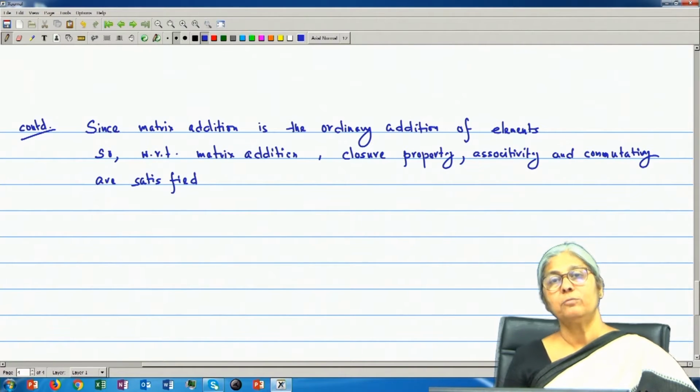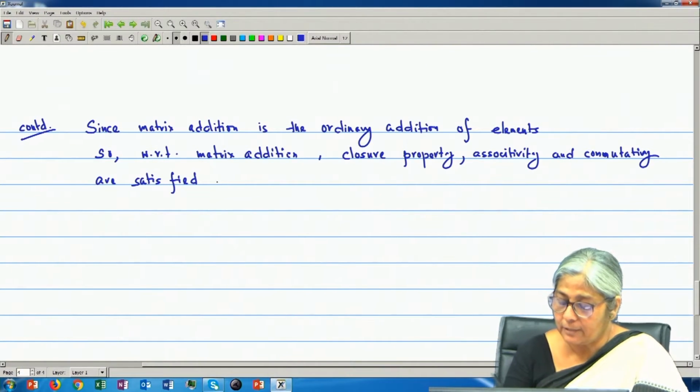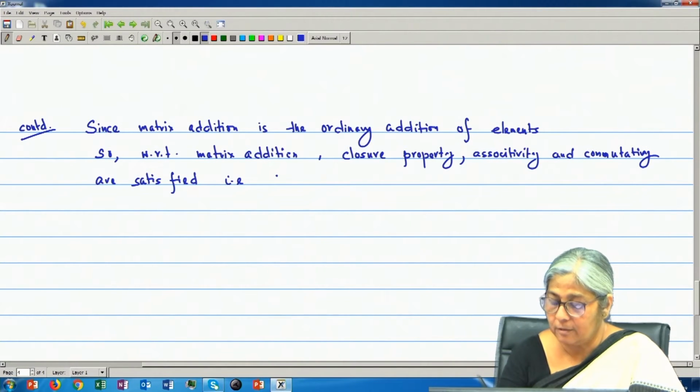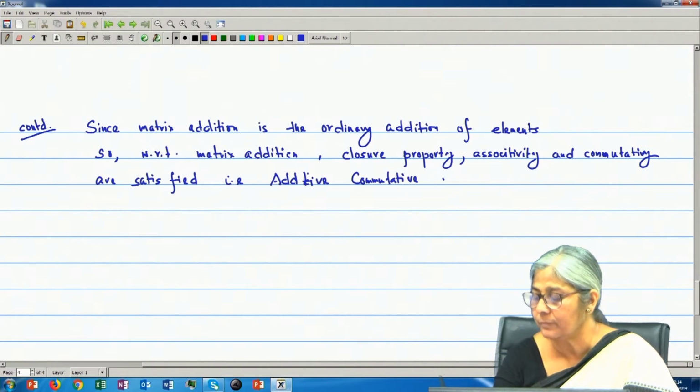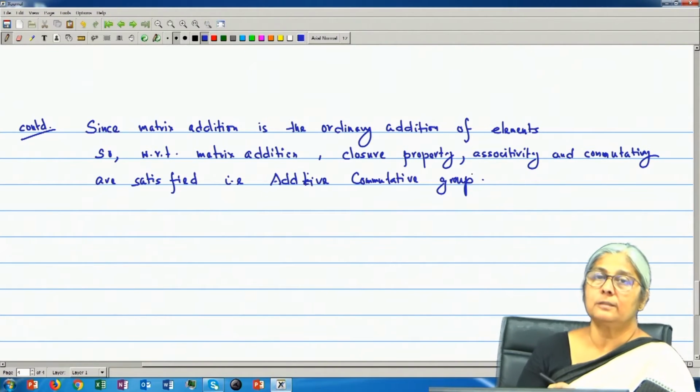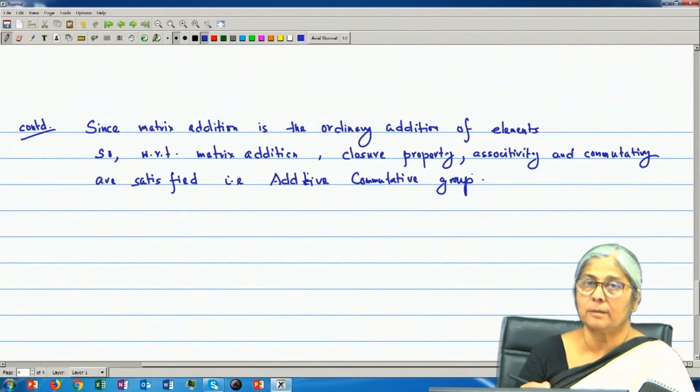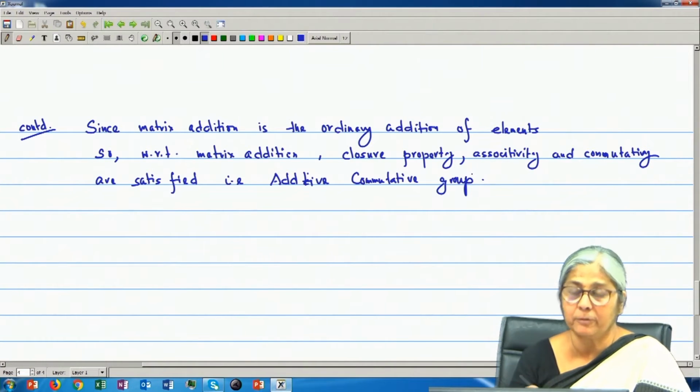So, already we have seen that the set of 2 by 2 matrices with respect to matrix addition is an additive commutative group, that we have seen when we studied this as an example of a group.